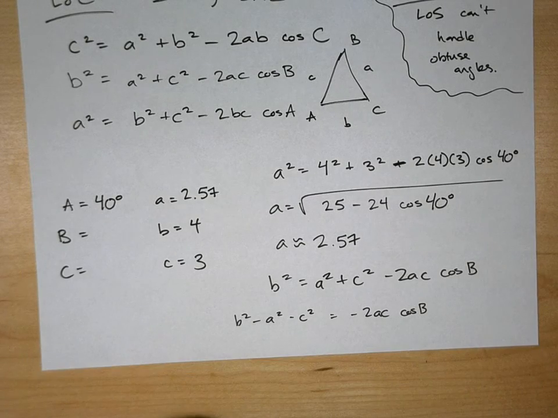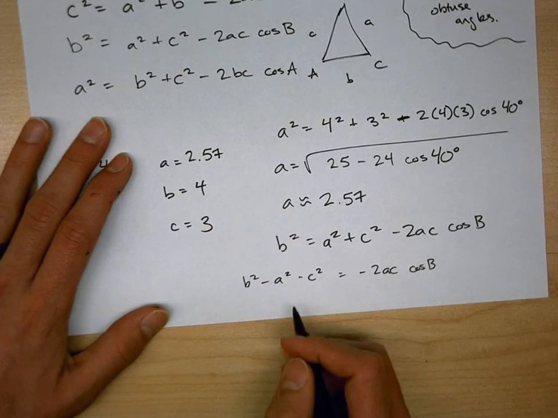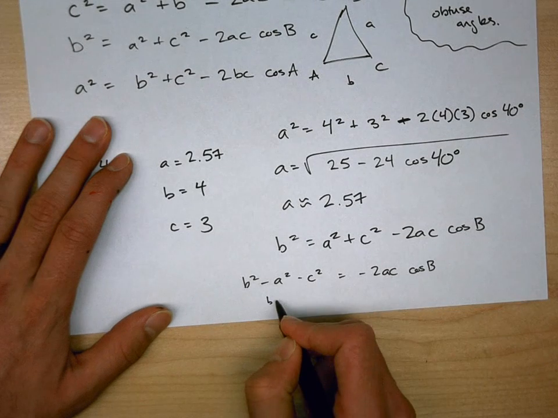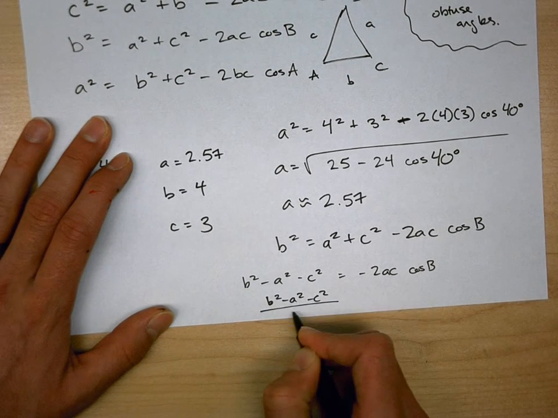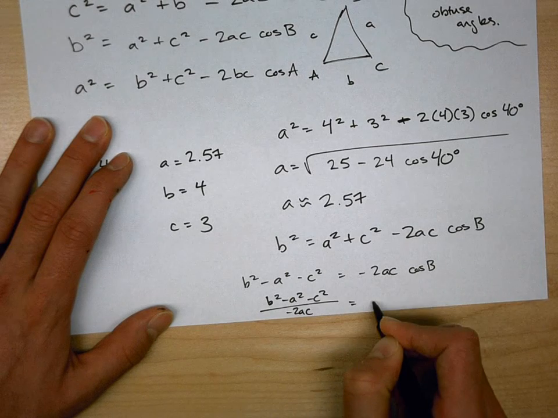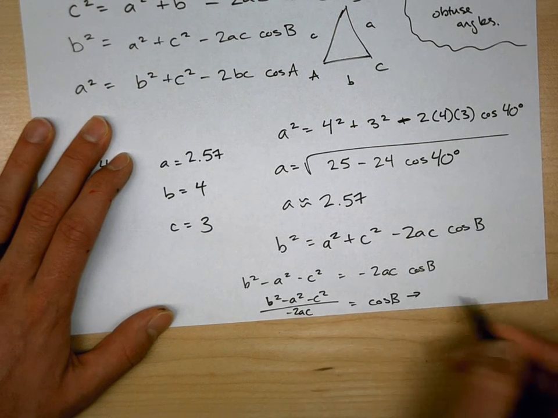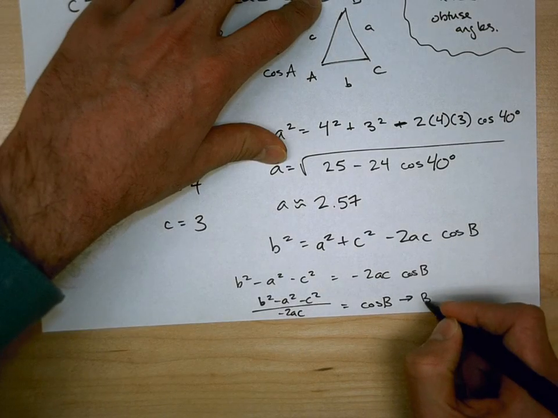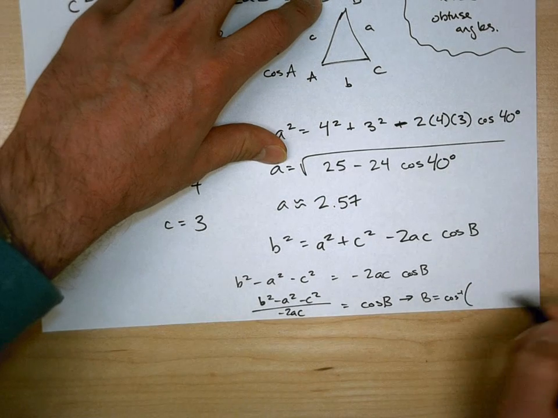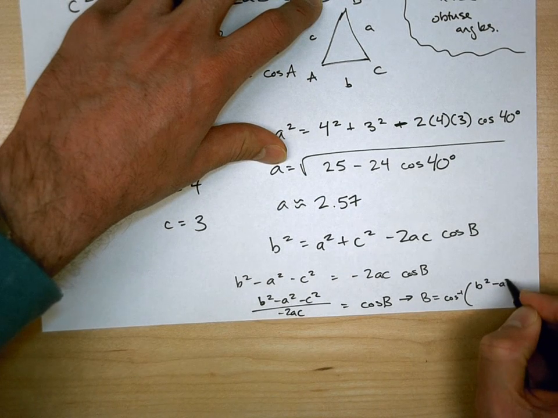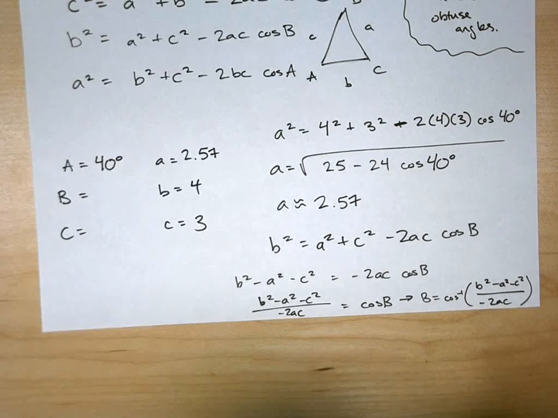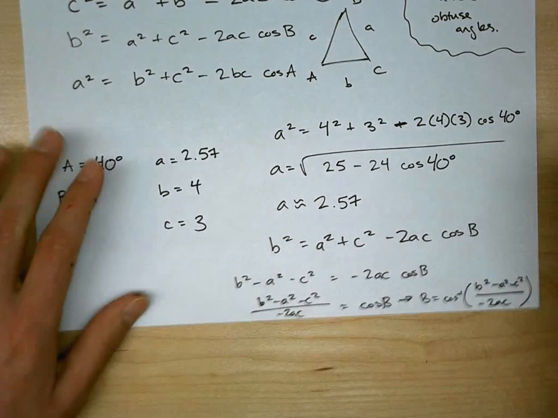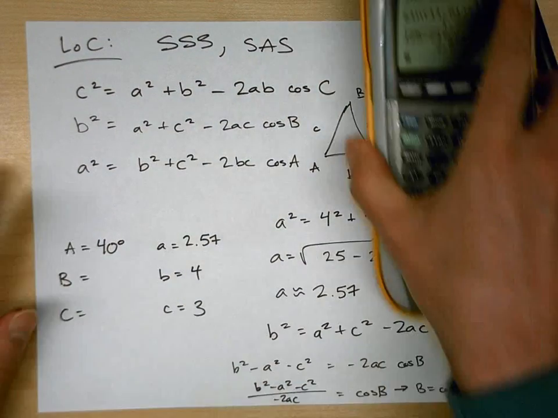I can divide both sides by negative 2ac. So b squared minus a squared minus c squared, divided by negative 2ac, equals cosine b. And then I could go as far as to say b equals the inverse cosine of b squared minus a squared minus c squared over negative 2ac. I'm running out of space, so I'm going to leave it at that and plug everything in.